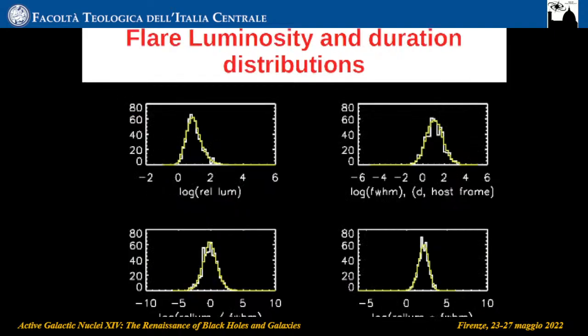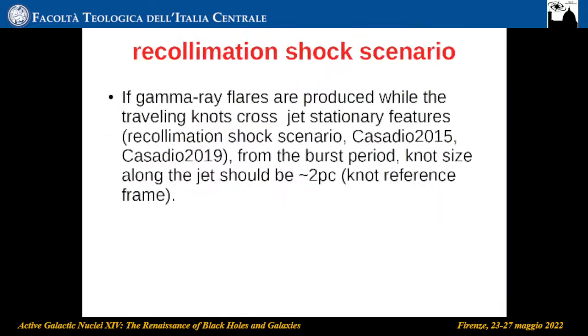It is a flux limited sample. And this is the distribution in white for the sample and in yellow for the simulation, taking into account the Doppler factor and cooling effects. So they are quite close, but I have to refine this.